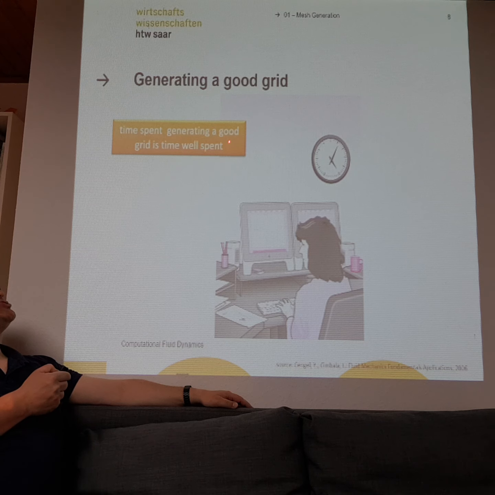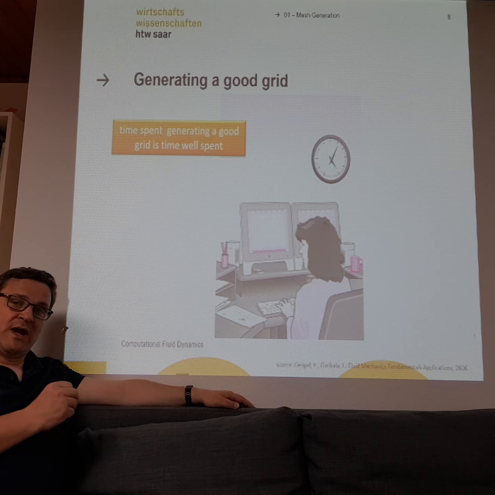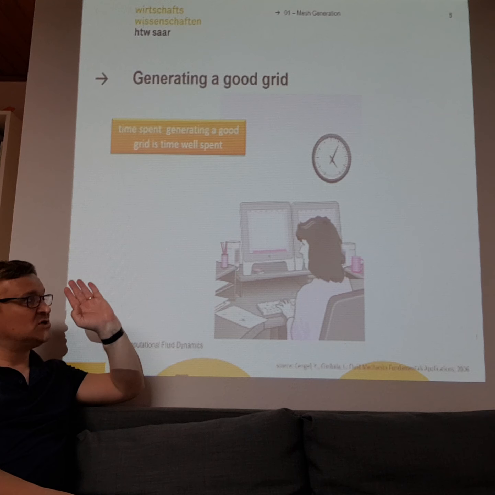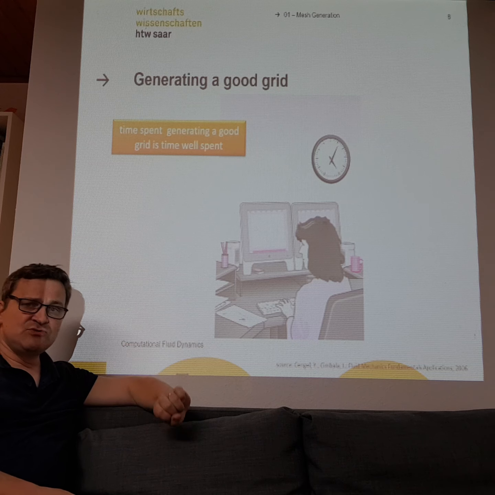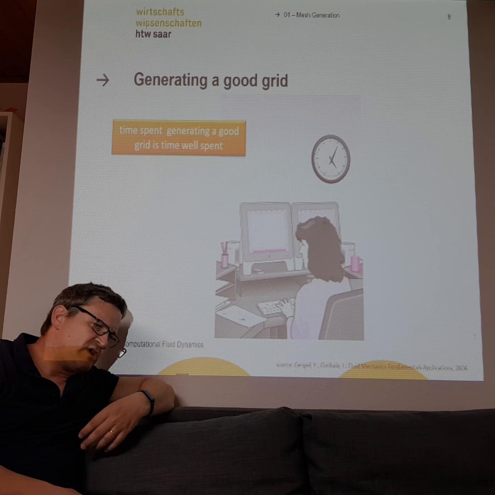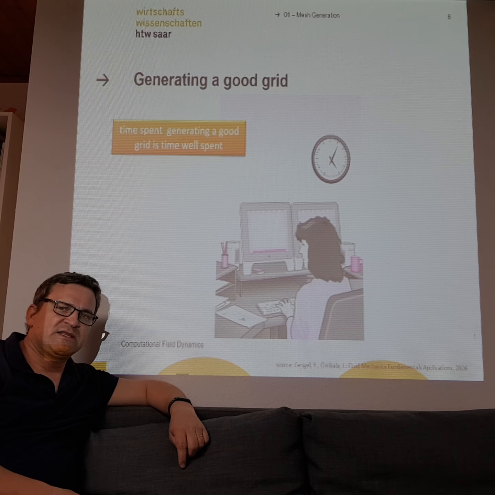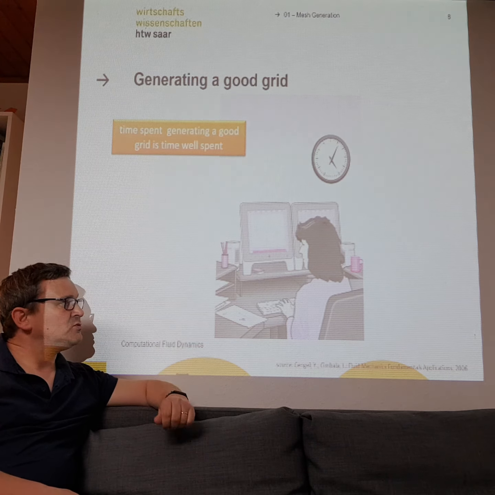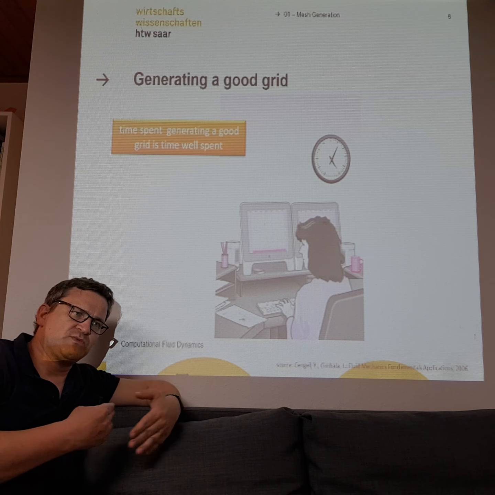Time spent in generating a good grid is always time spent well. If you do a good grid with good quality, you will have an easy run, you will have no problems in visualization, in numerical solution. But if you don't do a good mesh, then problems will come later.